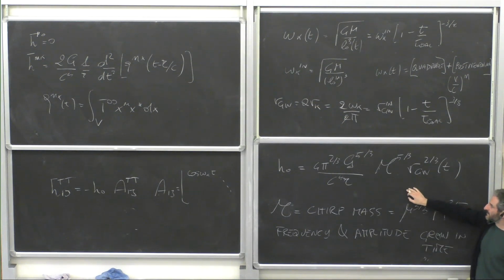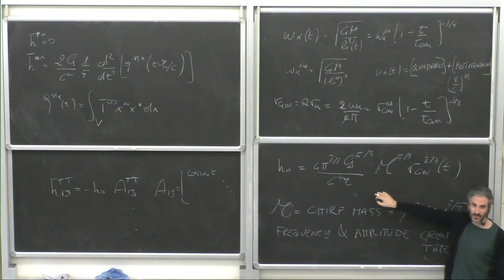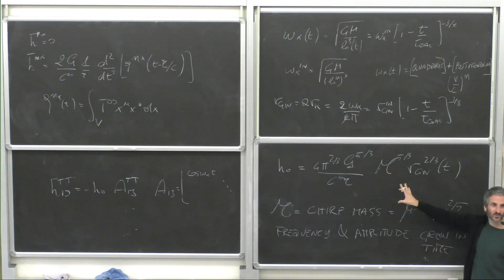But as you see here, the leading contribution in terms of the mass is given by the chirp mass, in the sense that when you want to extract from the data the parameters of the binary, you won't be able to separate singularly m1, m2. What you can get is just a combination of the two.